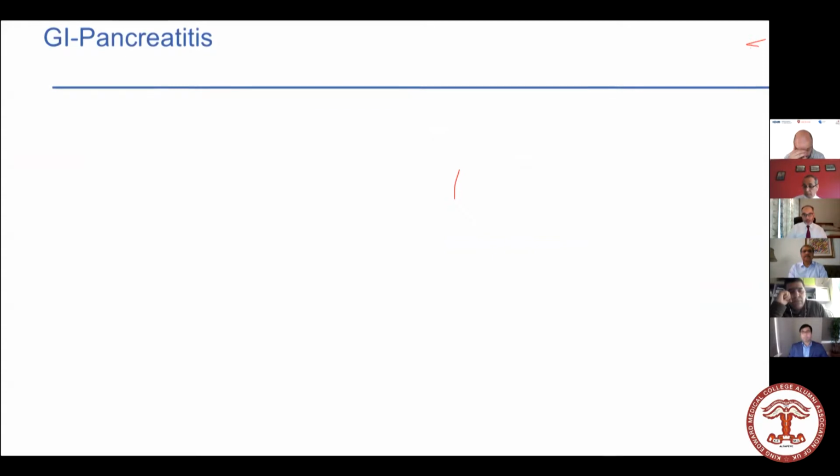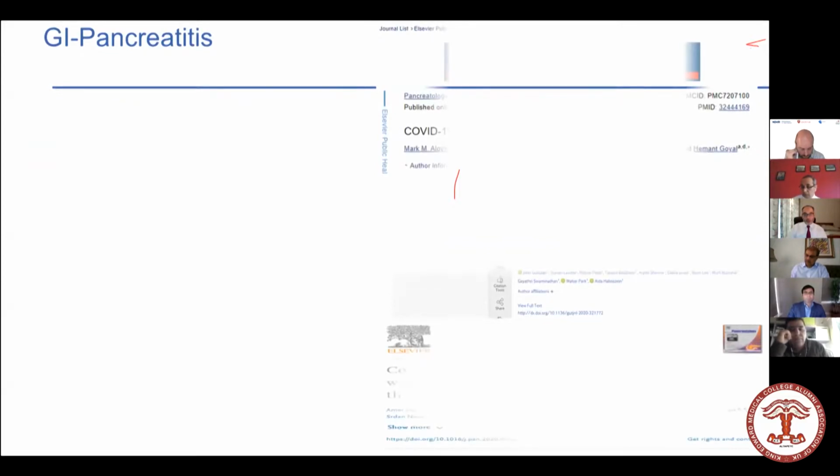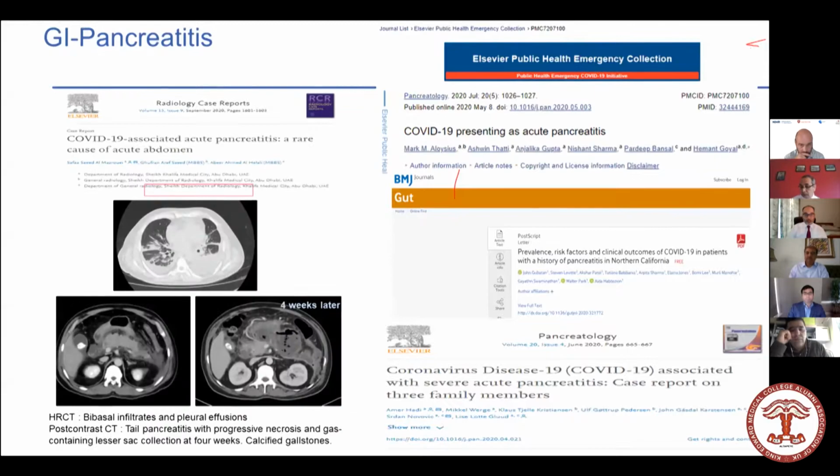How about pancreatitis? Patients can present with some GI symptoms, could be abdominal pain, could be an acute abdomen. Here's our case in our hospital. We had an acute pancreatitis patient. This is what presented, and on the bottom, there's another case which we haven't submitted yet.